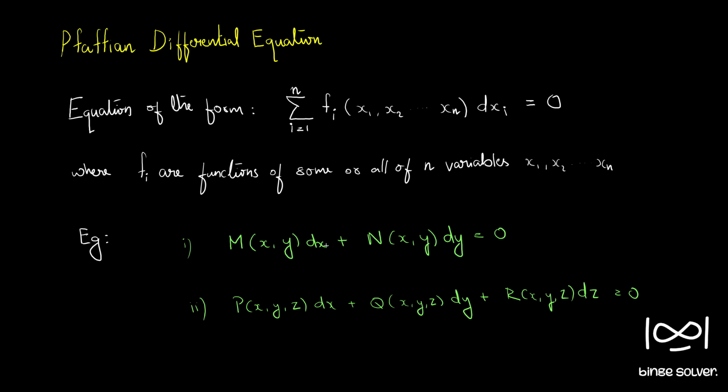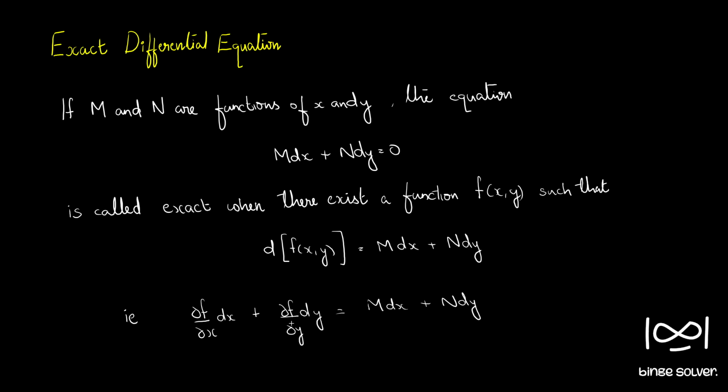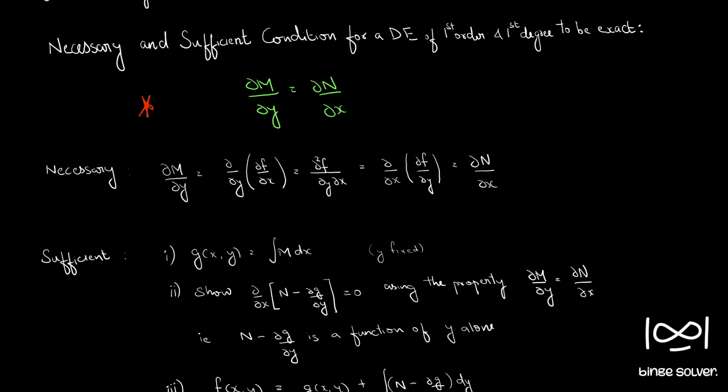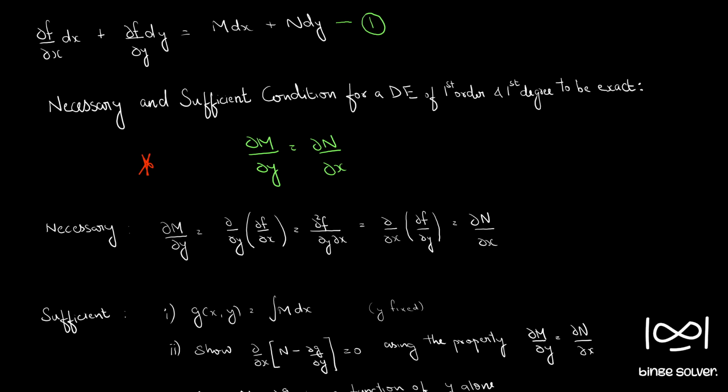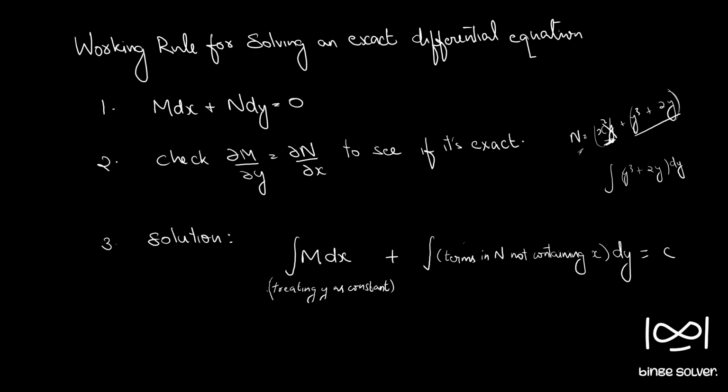Then we saw two examples of Pfaffian differential equations where n equal to 2 and n equal to 3. Then we saw what an exact differential equation is and its definition. Then we saw the necessary and sufficient condition for a differential equation to be exact. Then we saw the working rule for solving an exact differential equation, how we can write a solution given we have shown that the equation is exact. So these are the concepts and we will start solving problems from the next video onwards.